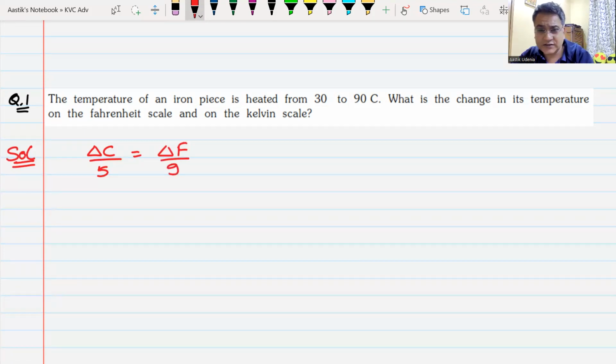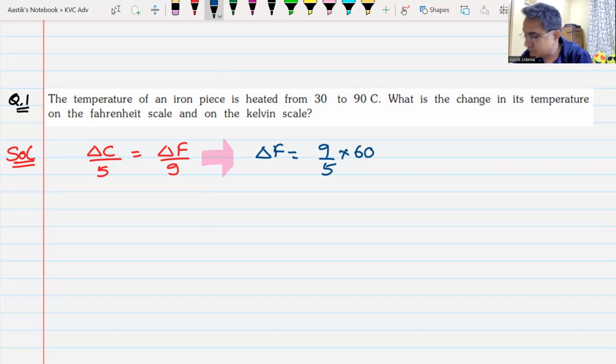Because the constant term will get cancelled on both sides when you find the change in temperature. Do you understand what I'm saying? So change in Fahrenheit will be 9 by 5 into 60. As simple as that.